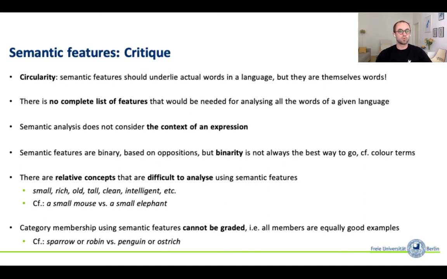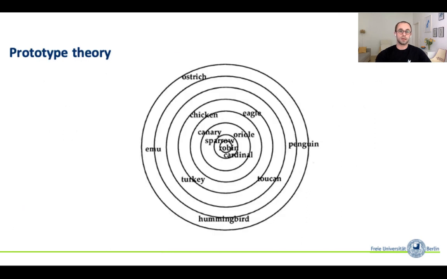You would need more semantic features to describe that they are not all prototypical birds. And the word prototypical is important if we want to do something different than semantic features, which would be semantics based on prototype theory, which you probably already know a bit, right?